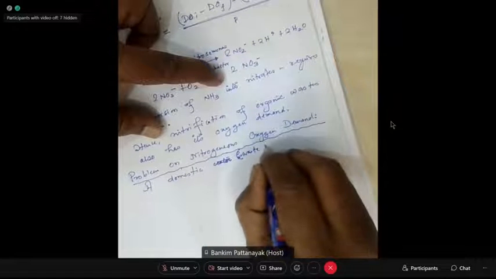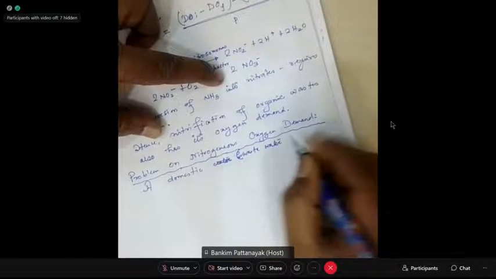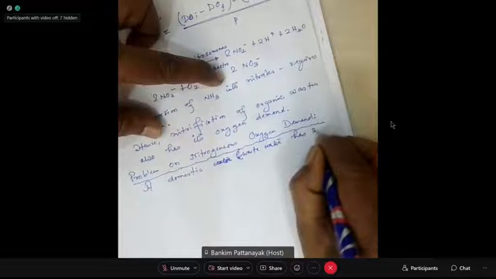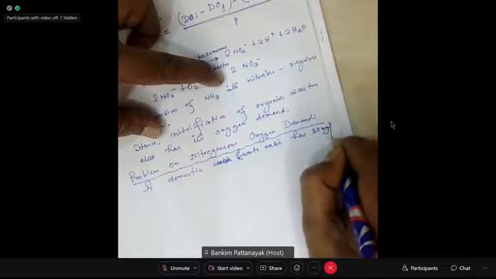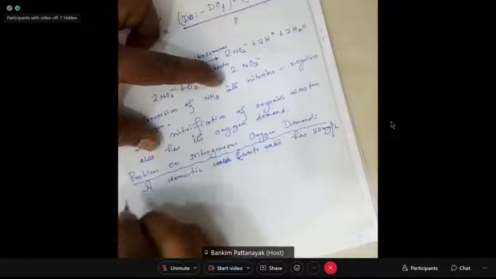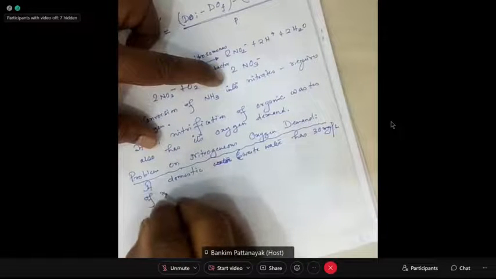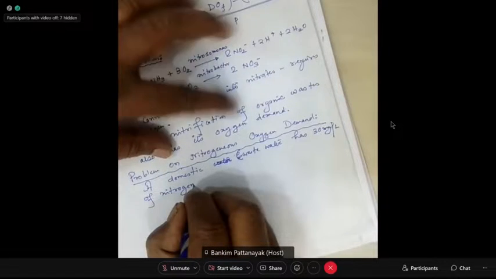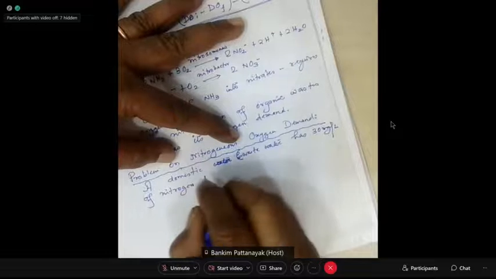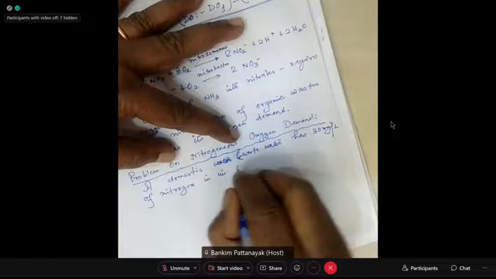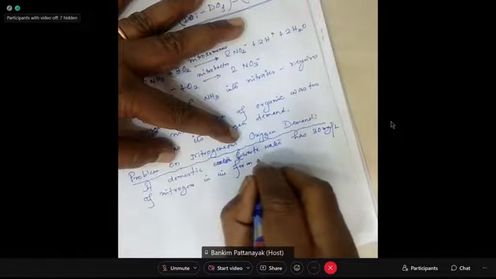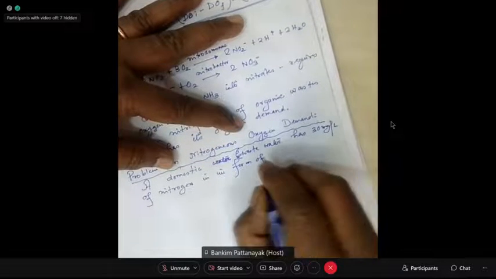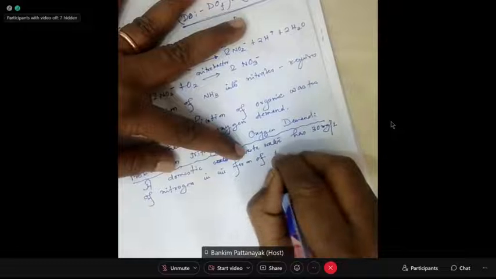Domestic wastewater has 30 milligram per liter of nitrogen in the form of ammonia.